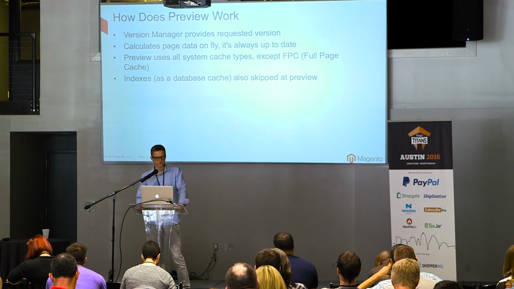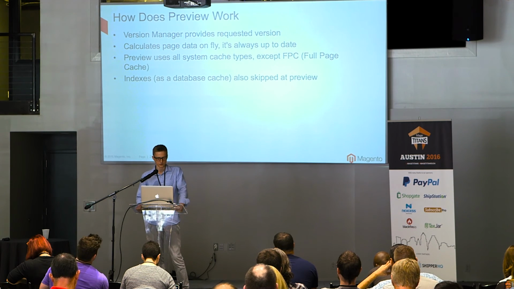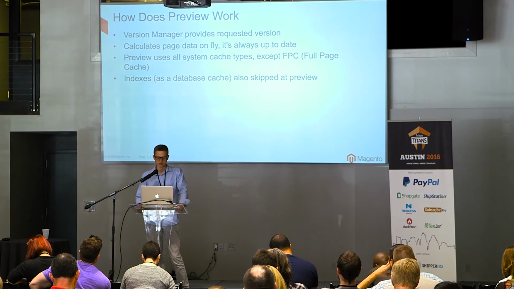And if you have some sort of storage for pre-generated data, for instance, indexes, they are also skipped at preview. Also, if you have any customizations to your pages, you will see them at the preview because you are looking at the actual pages that display data. The only thing that is different is the data itself.